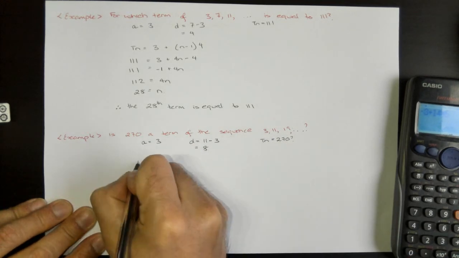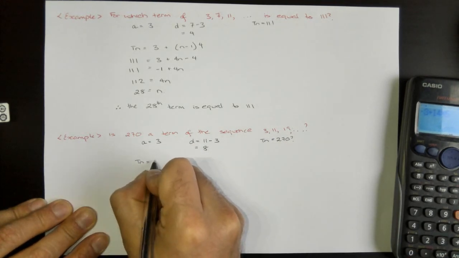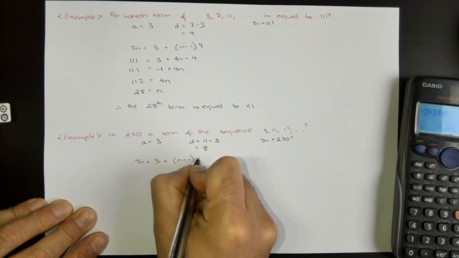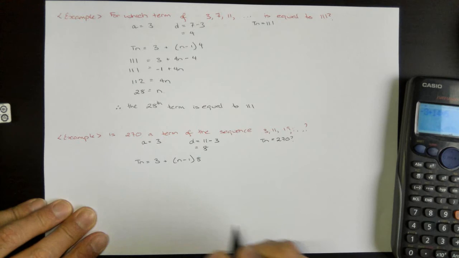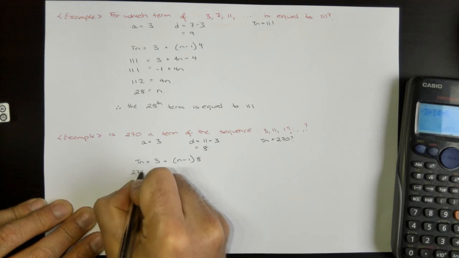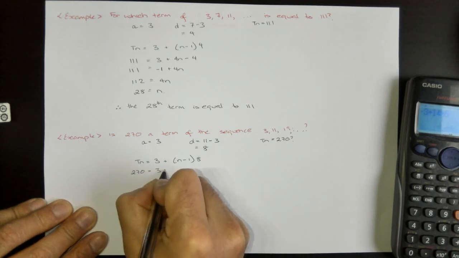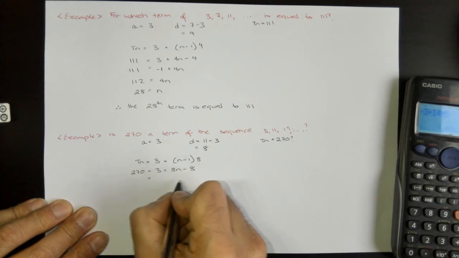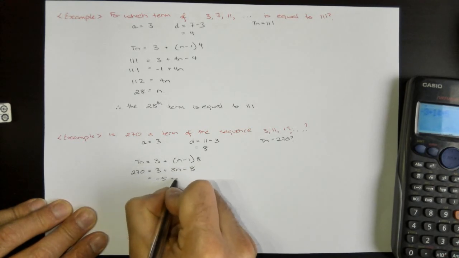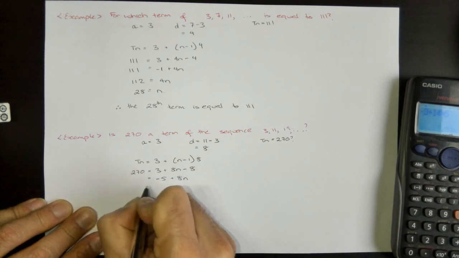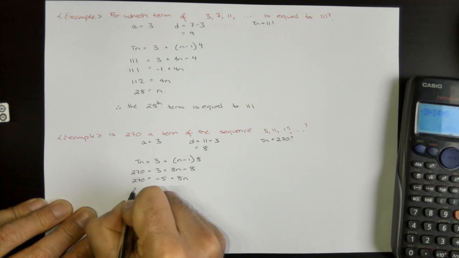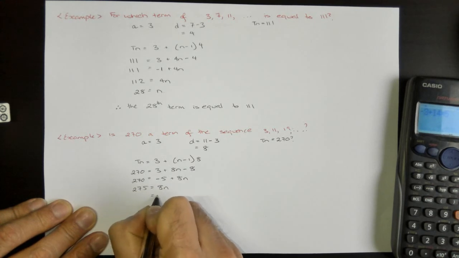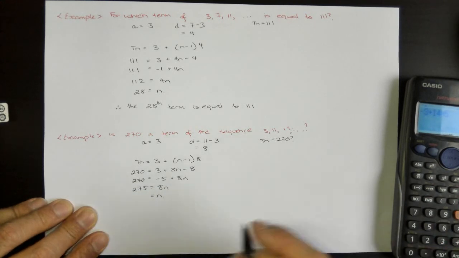Using our recurrence relation, Tn equals 3 plus n minus 1 times d. Let's see if 270 is equal to this. Plus 8n minus 8. 3 take away 8 is negative 5. Add 5 to this side. Divide it by 8.